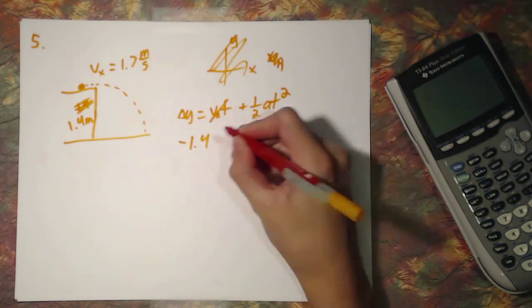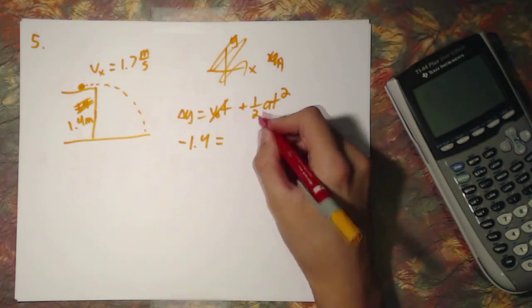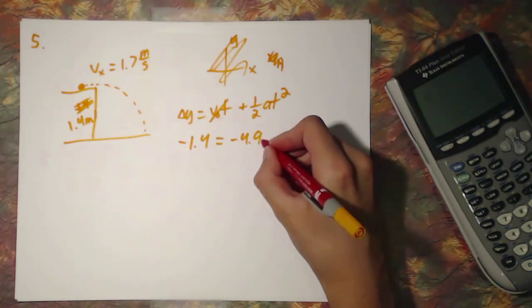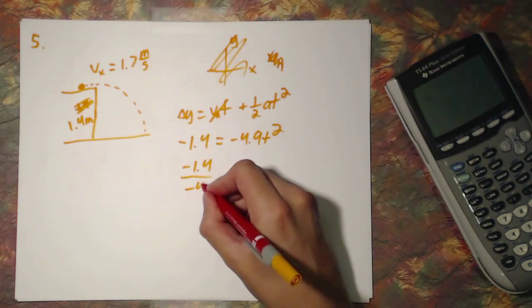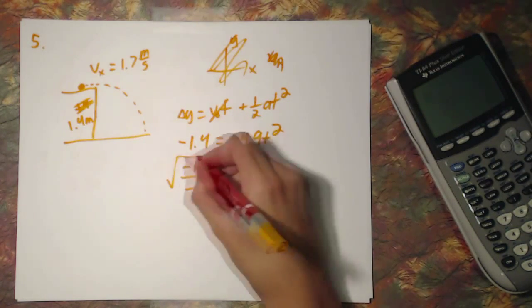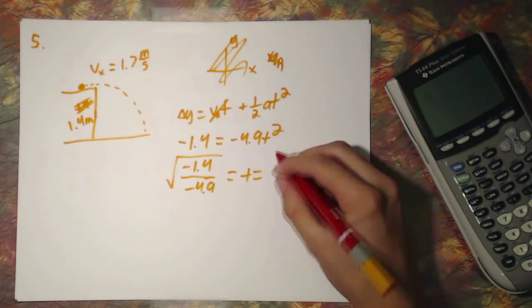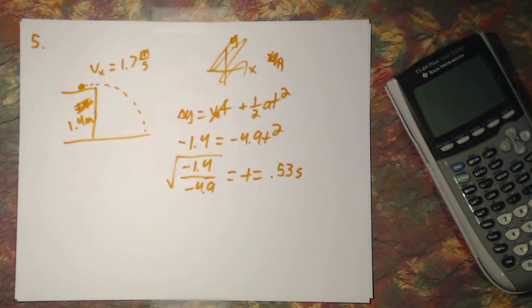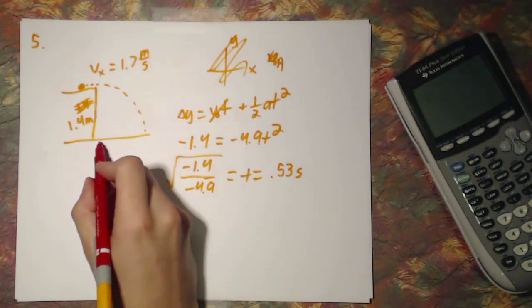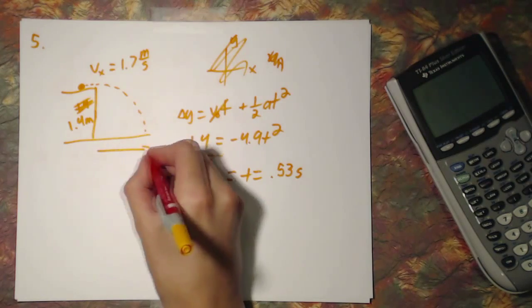Negative 1.4 equals 1/2 a, negative 4.9 t squared. Move everything over, and t equals our time, which is going to equal 0.53 seconds. And then we want to figure out how far horizontally it traveled in that time.